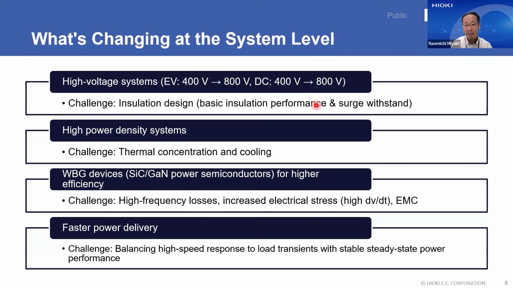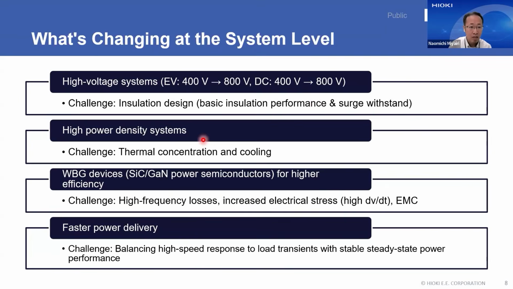This has an impact on reducing failure modes and saving on cable footprint. So this adoption is expected to grow. But with this voltage increase, basic essential performance and surge withstand capability become major challenges.